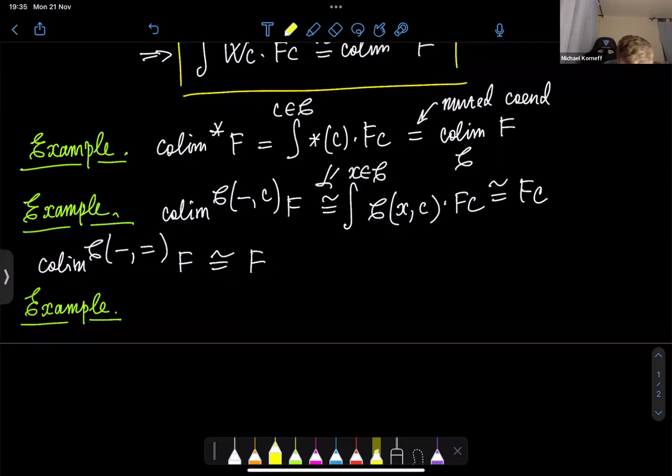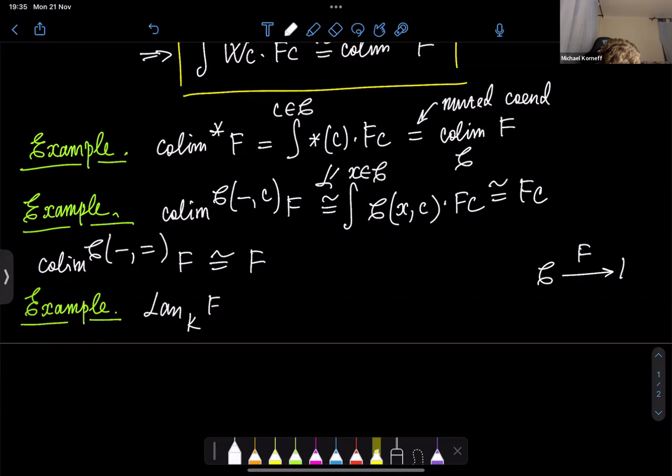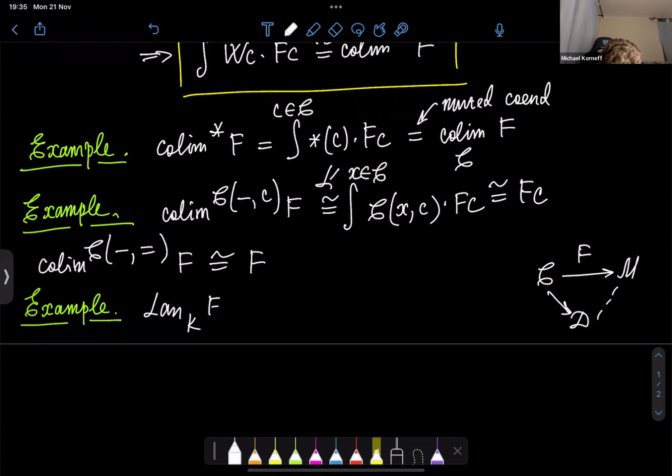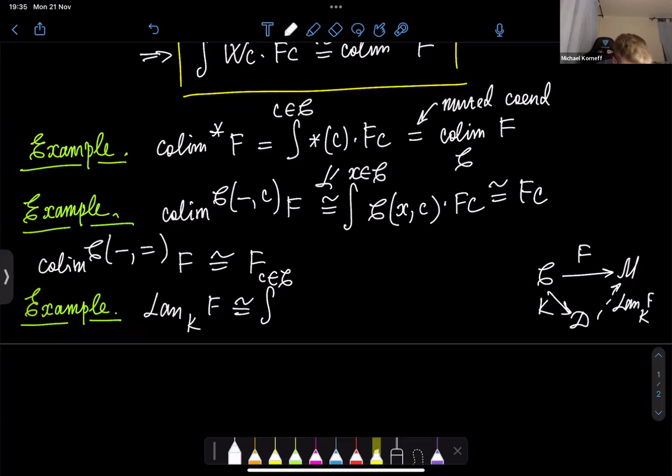For example, the left Kan extension of the functor F along K, if we have the following diagram, F maps C to M and K from C to D. Then we can write this left Kan extension as a quotient.